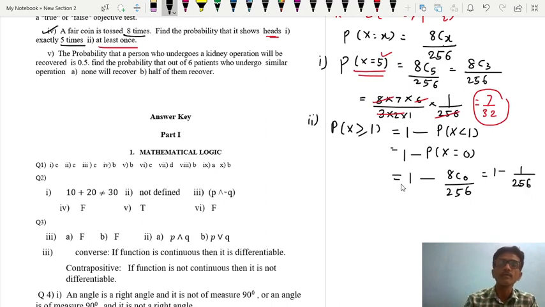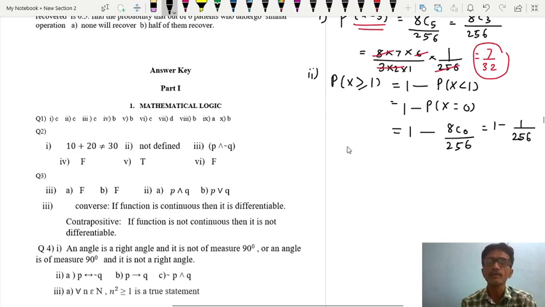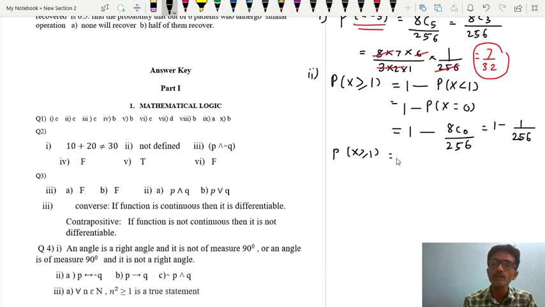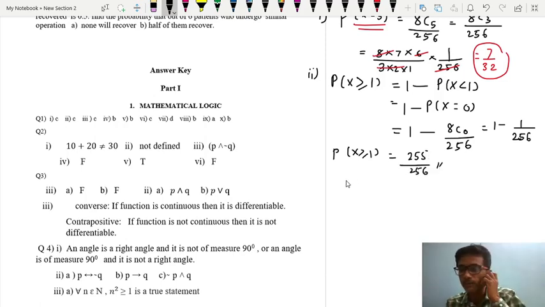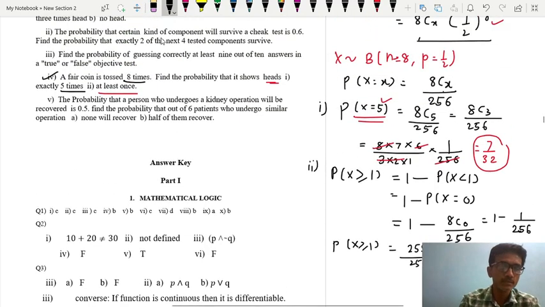So that will be 255. So the probability of getting at least one head is equal to 255 upon 256. Yes, done. 255 upon 256.